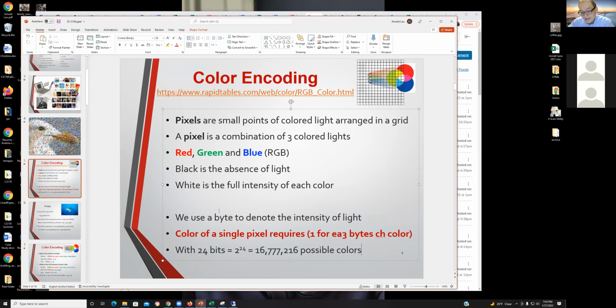So you can see the number of different things you can represent with the binary system goes up exponentially as you add each character. So 2 to the 0, 2 to the 1, 2 squared, 2 cubed, 2 to the 4th, 2 to the 5th, and so on. So that's why you have 2 to the 24th. It comes up with this pretty big number, essentially 16 million, 16 meg.